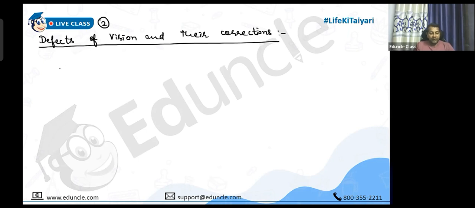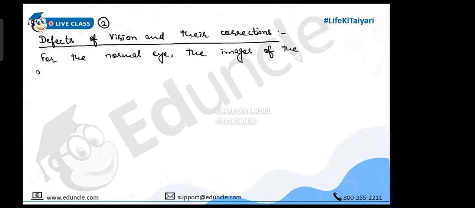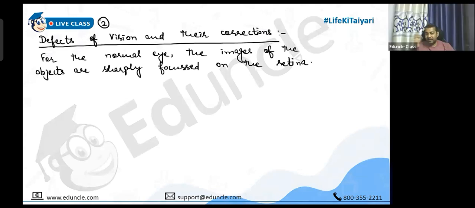Now for the normal eye, the image of the objects is sharply focused on the retina, whether the object lies near to the eye or away from the eye.